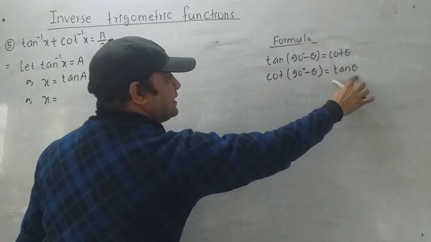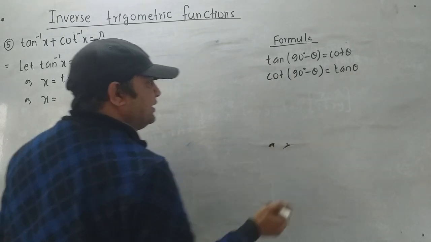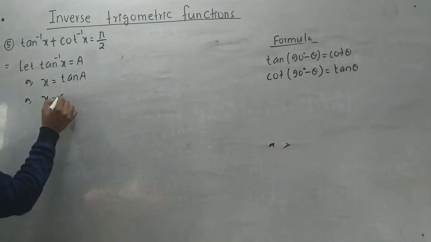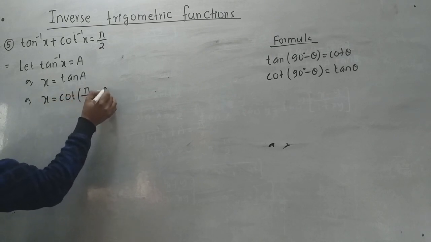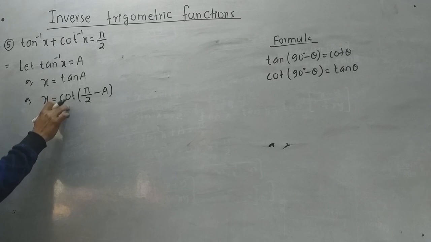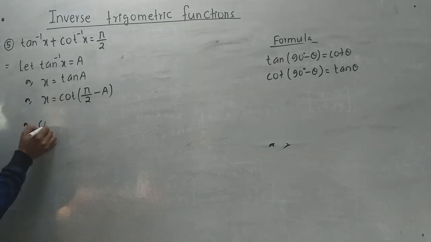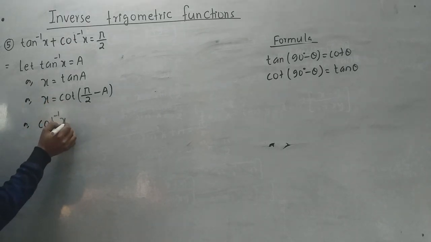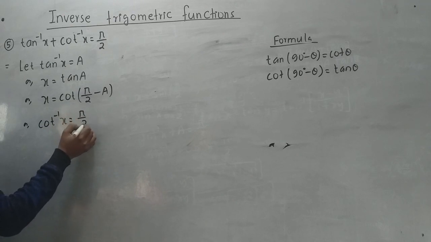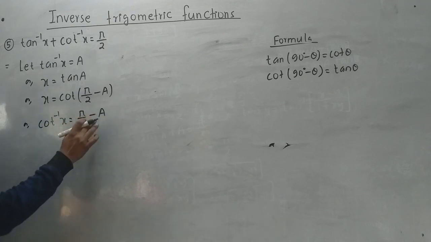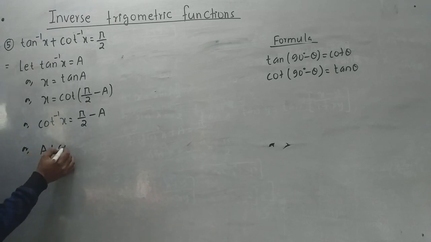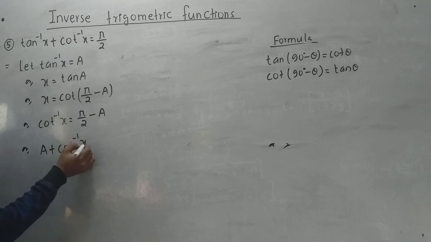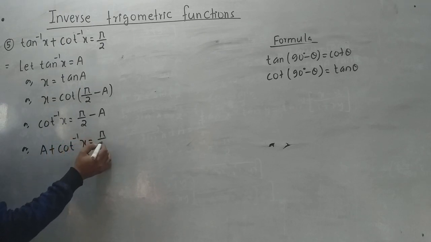So tan A can be replaced by cot(90 minus A). You can write cot(pi by 2 minus A). So cot to the left hand side, you can write cot inverse x equals pi by 2 minus A. Minus A you take to the left hand side, so you are able to write A plus cot inverse x equals pi by 2.